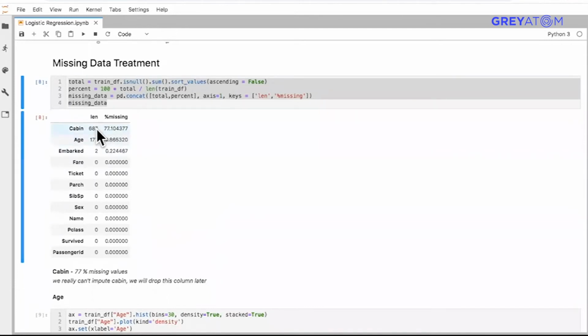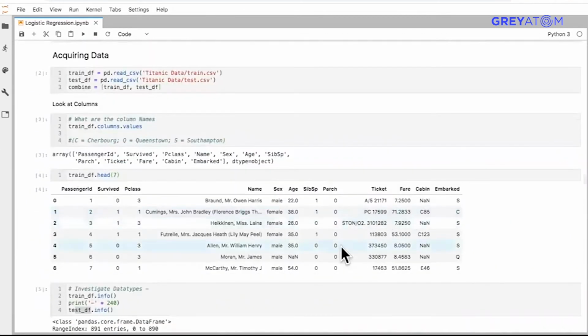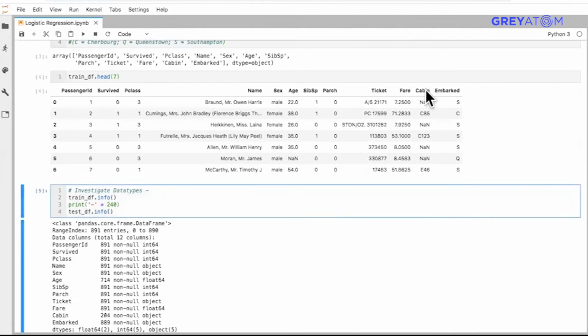Out of 891 total observations, 687 of them are missing. So let me just revisit the question. He says we should use fare to impute cabin. I don't understand, Sachin, how would you exactly use fare to impute cabin?